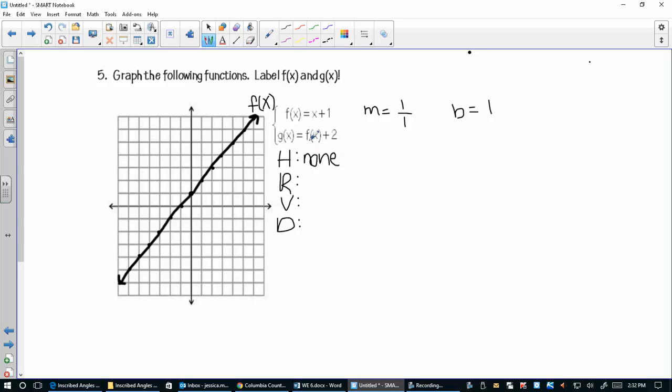I don't have any negatives, so that reflection is also none. Vertical shift, I have this +2 at the end, so that means this is going up 2. And then dilation, there's no coefficient out in front, so that is also going to be none.